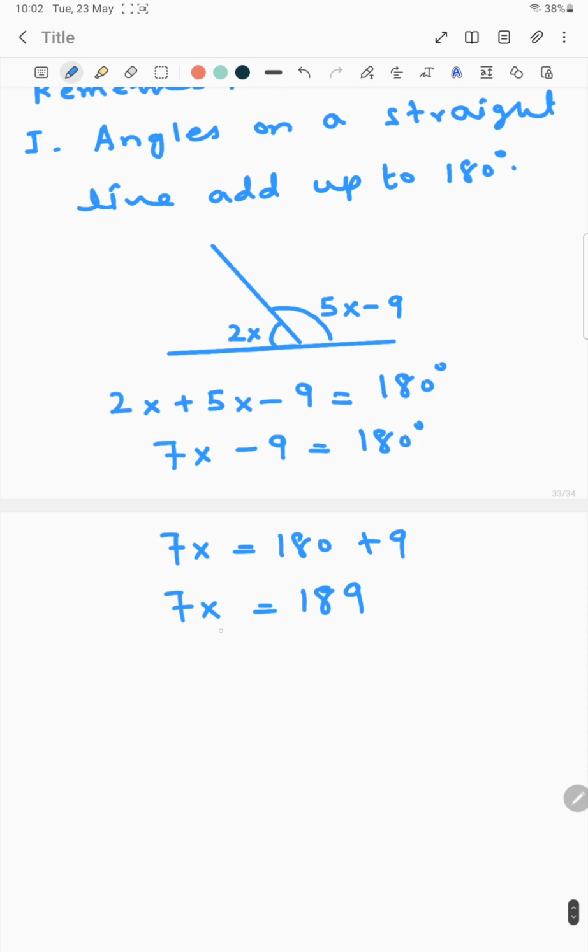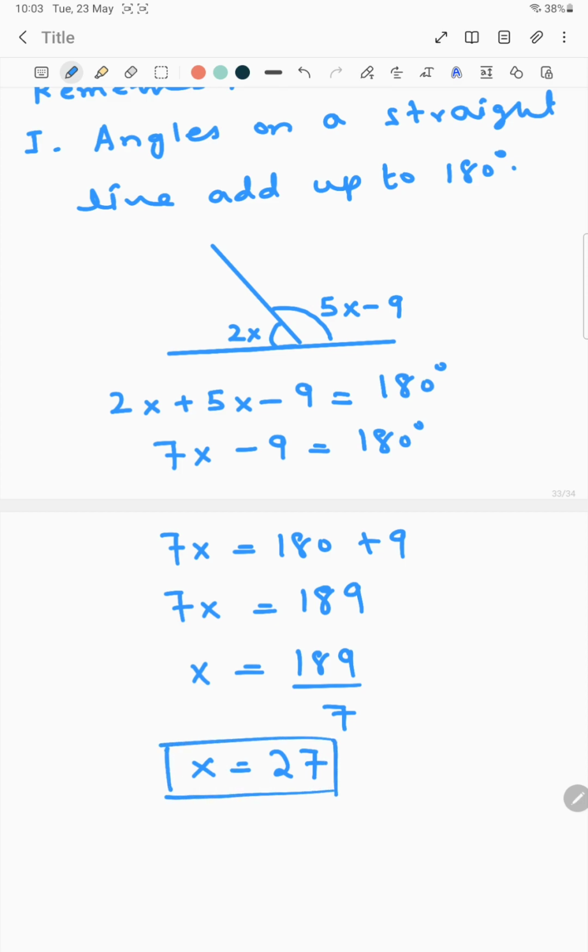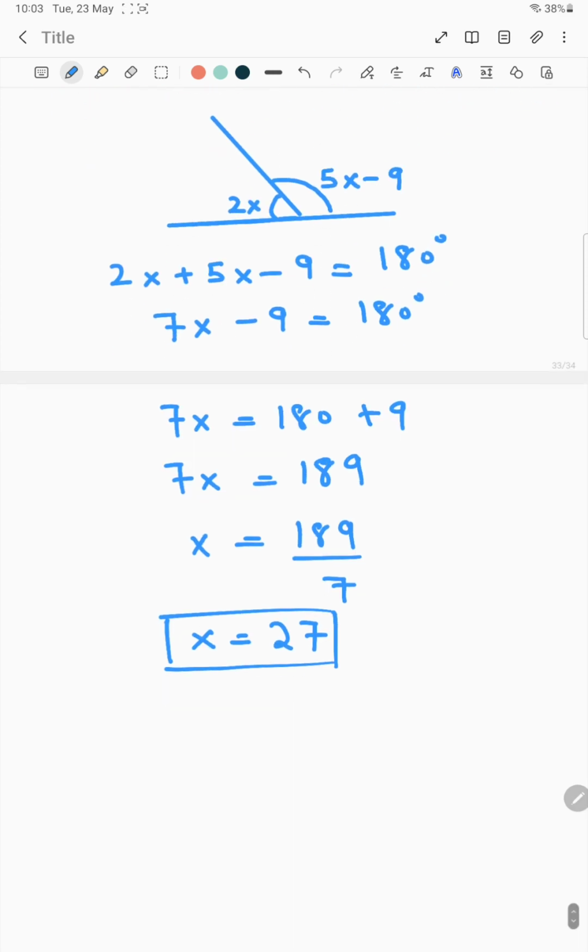And then as 7 is multiplying here, when 7 goes to the other side, you have to divide it. So when you divide 189 by 7, you will get 27. It means the unknown variable which was involved in the question, that was x, so its answer is 27.